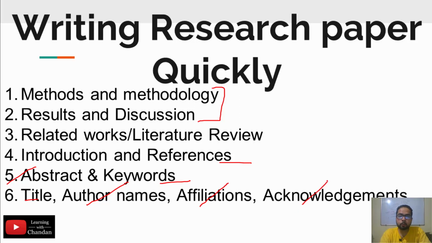By using this trick, this method, you can actually write a very good paper in a very short time, because by the time your work is finished, your manuscript will be ready, and within 1 month you can send that manuscript to the journal. So this is an advantage. This is the trick that I wanted to share with all of you through this course.